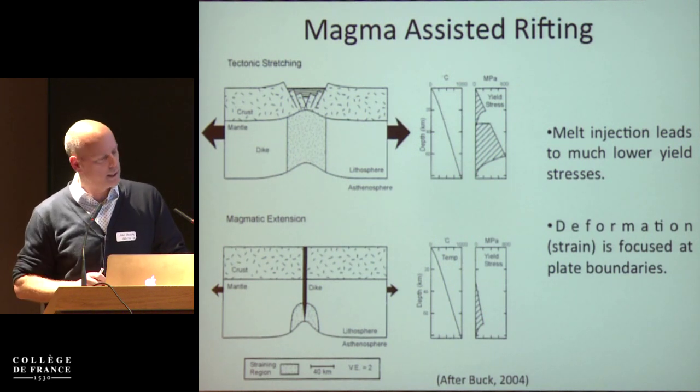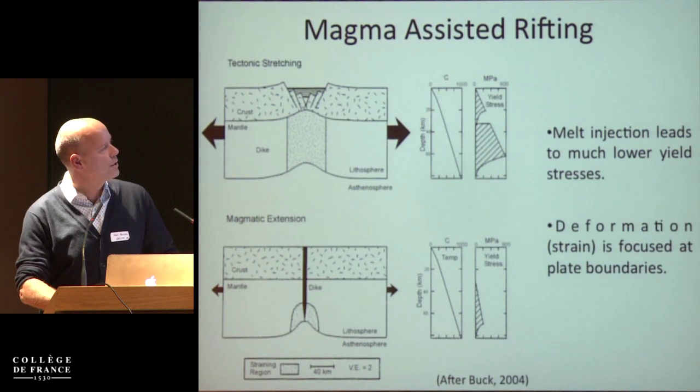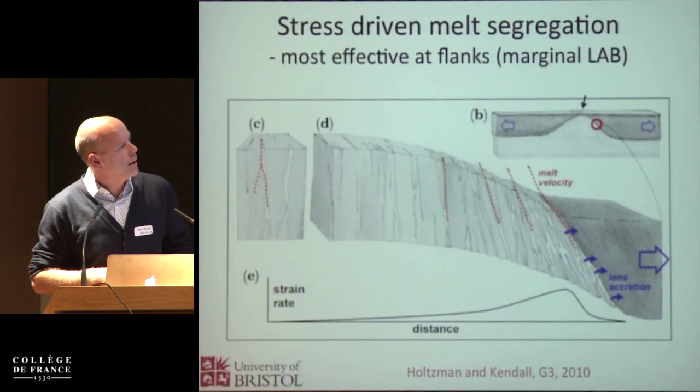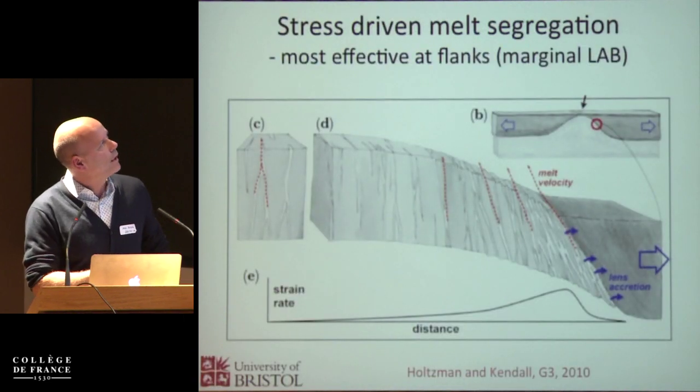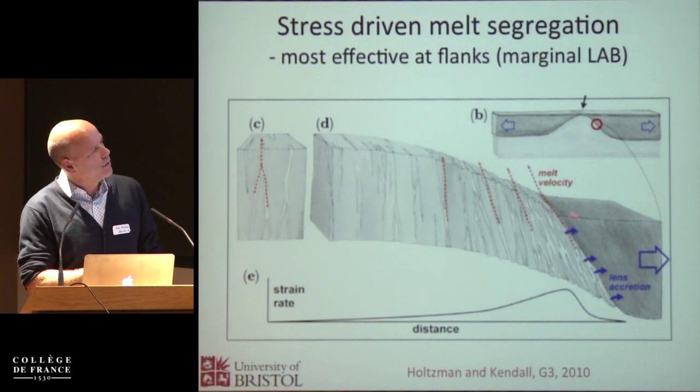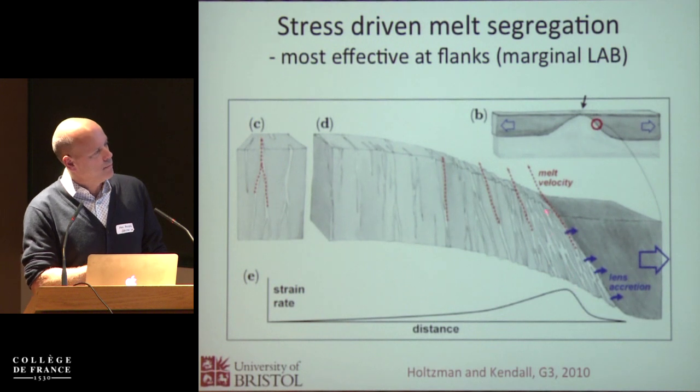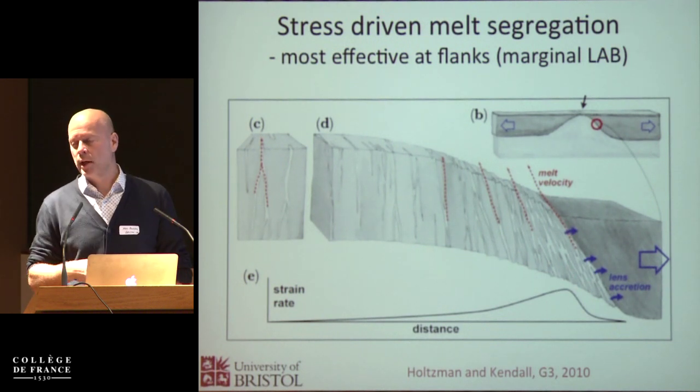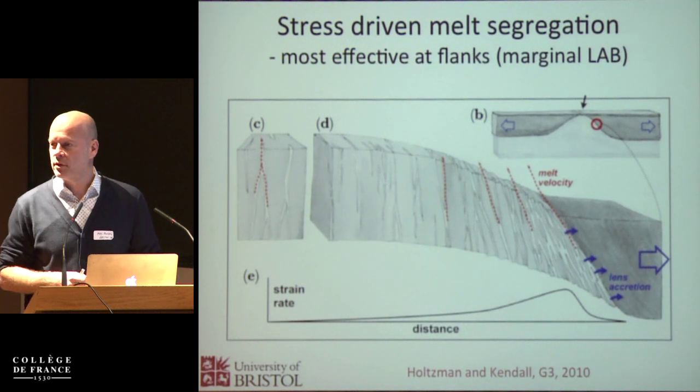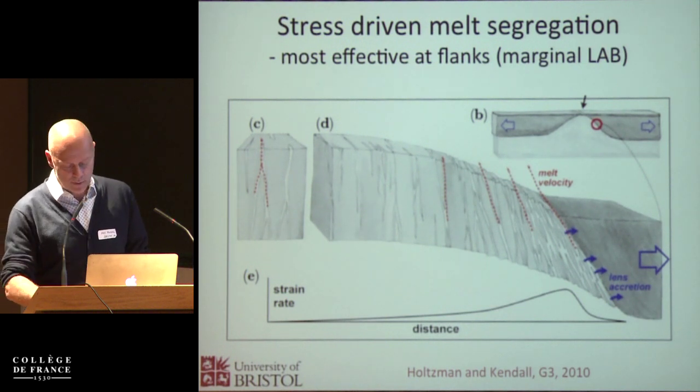We have this very localized deformation. And in working with Ben Holtzman, we've pursued this a bit, looking at how melt would segregate at boundaries. So, for example, you get melt segregation and strain partitioning, and this will help lubricate plate boundaries and, again, further facilitate rifting.